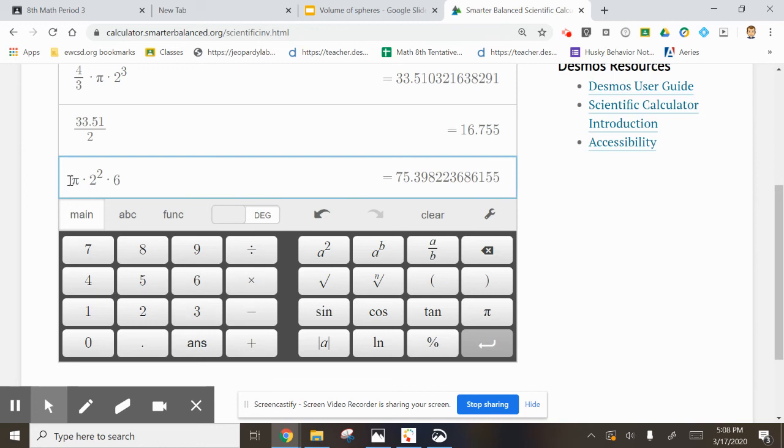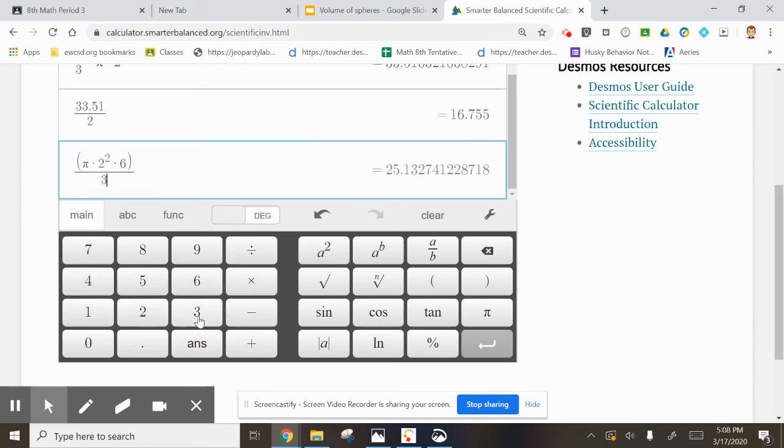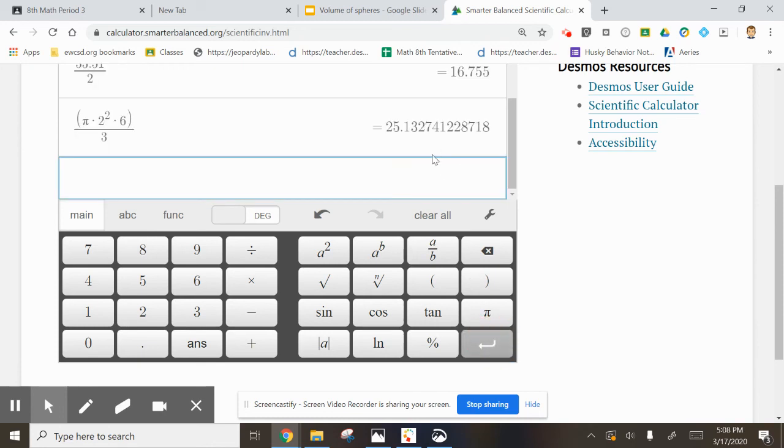And remember, all of this, oops, I forgot to use my parentheses, because it is a cone, there's 3 cones in a cylinder. We're going to divide it all by 3. We're going to get this answer, 25.13. And what do you think I'm going to do with those two answers? 16.75 plus 25.13. I get 41.8. All right, final answer.